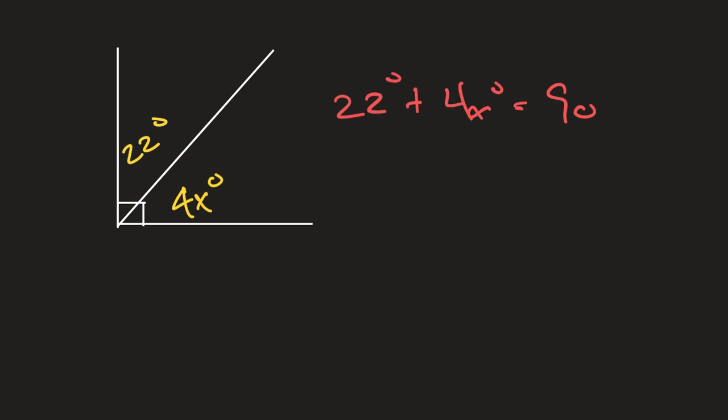So we can look at it that way and say, both angles have to add to 90. I'm going to take both angles that I know, one of them being an algebraic expression, add them together, and set it equal to 90. I create a small equation. What would we do first to start solving this for x? Absolutely. Let's subtract 22 from both sides. 90 minus 22 would be what? 68.